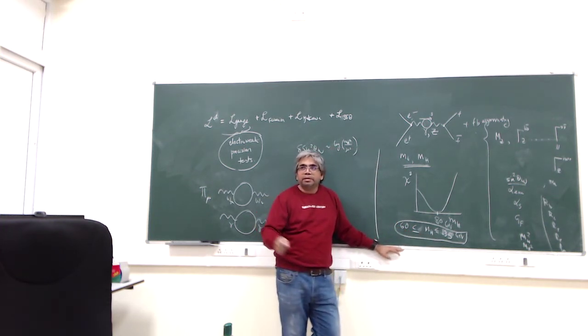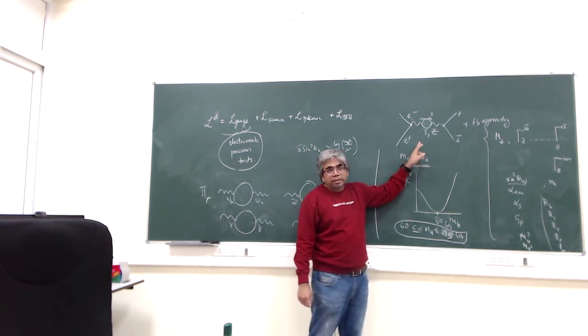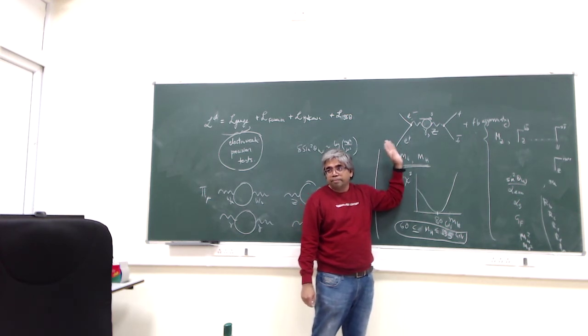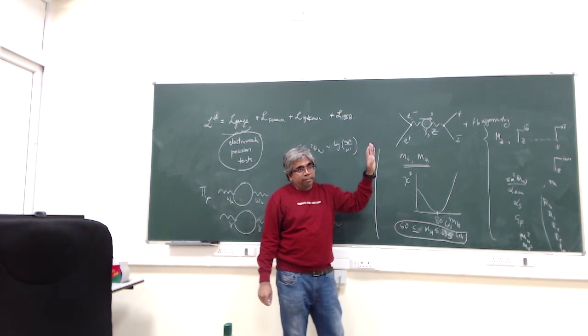So electroweak precision tests always wanted a very, very light Higgs, and the search for the Higgs continued after the Z pole results. After the Z pole, the root S started increasing up to 11. So they started increasing the root S, and they brought it all the way up to 2 TeV.